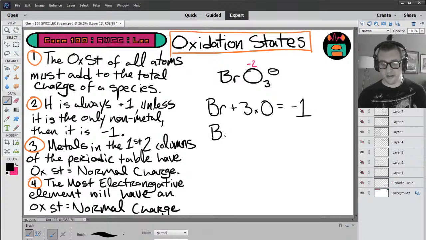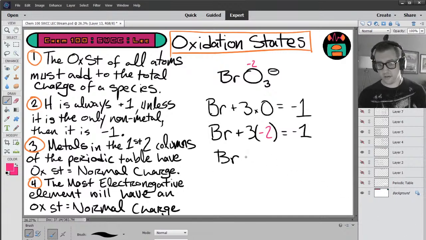So we have bromine plus 3 times the oxidation state of oxygen, which is -2, equals -1. So bromine minus 6, right? 3 times -2 is -6, equals -1.